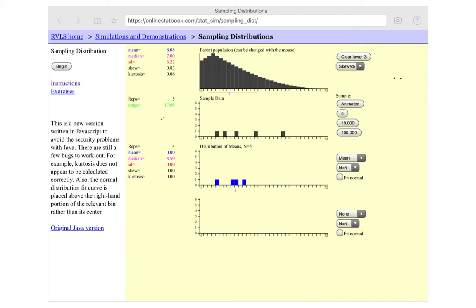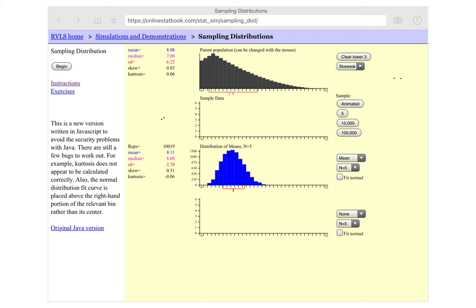You can see we did another one, took the average of those 5 points, and we got 11. So hopefully you can see the idea of building up this sampling distribution. Let's do a bunch more in a row here. So there's 5 more, and another 5, and another 5, and let's just do 10,000 of these.